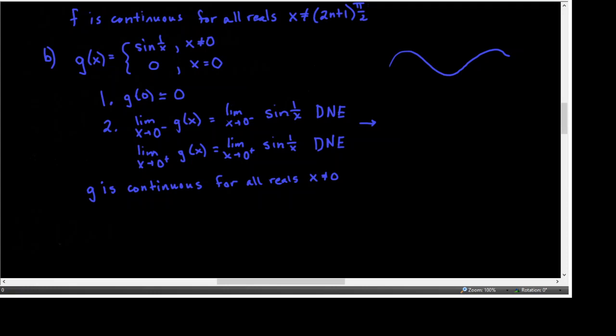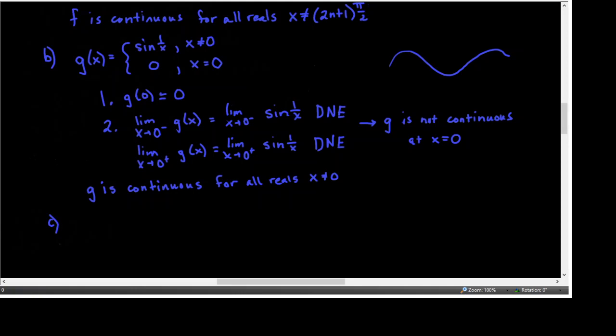This failure of the second test implies that g is not continuous at x equals 0, which leads us to the conclusion that it's continuous everywhere else because of the type of functions we're dealing with, the composition of two functions that would be continuous on their domains.